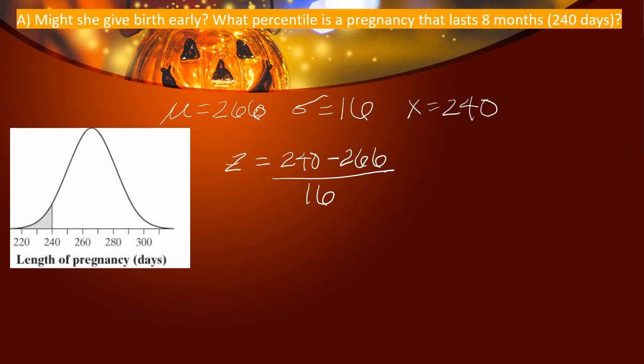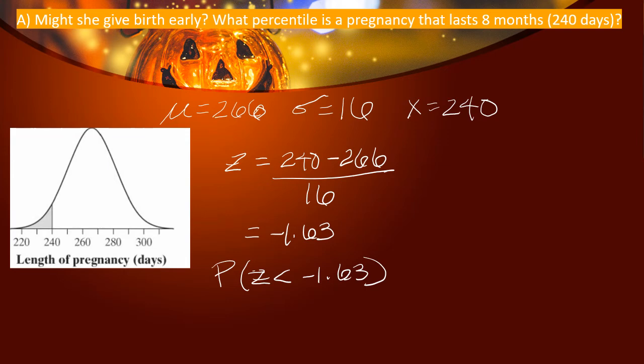And when I do that, I get a z-score of negative 1.63. So I need to find what the percentile is for a z-score that is less than negative 1.63, because that's what I shaded in. So I'm going to show you how to do this on the table.